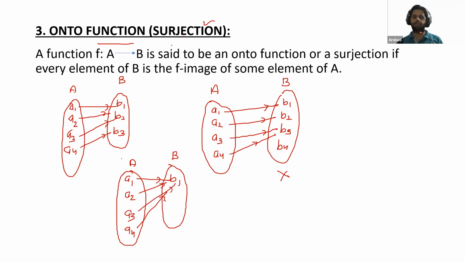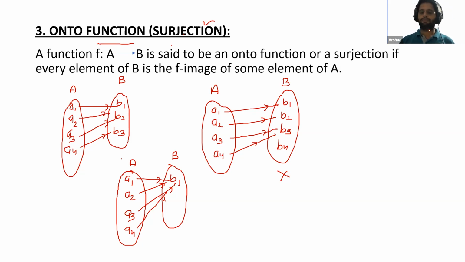So Mazia, can you tell me whether this is an onto function or not? Very good. Noma, Huzefa, Atif, please reply to me on the chat box. Is this an onto function or not? Good, Noma. This is correct.